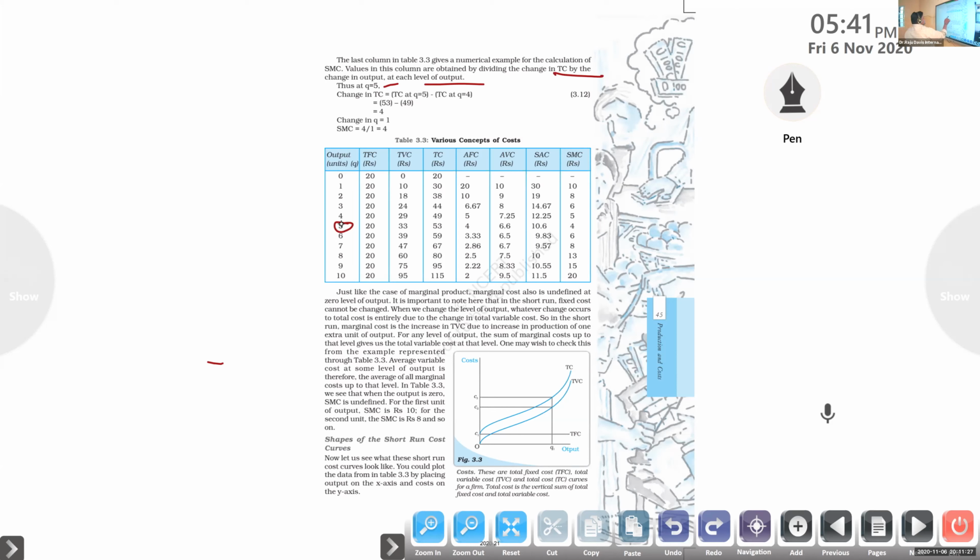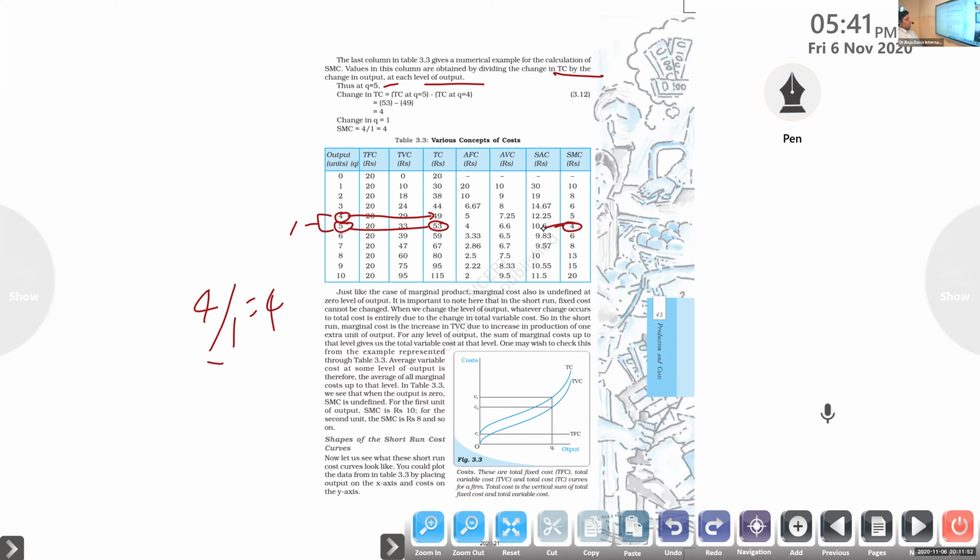At 5 it is 53, and TC at 4 is 49. 53 and 49, the difference is 4. The change in the quantity is 1 only. So SMC is equal to 4 divided by 1, which is equal to 4. So you got 4 here.